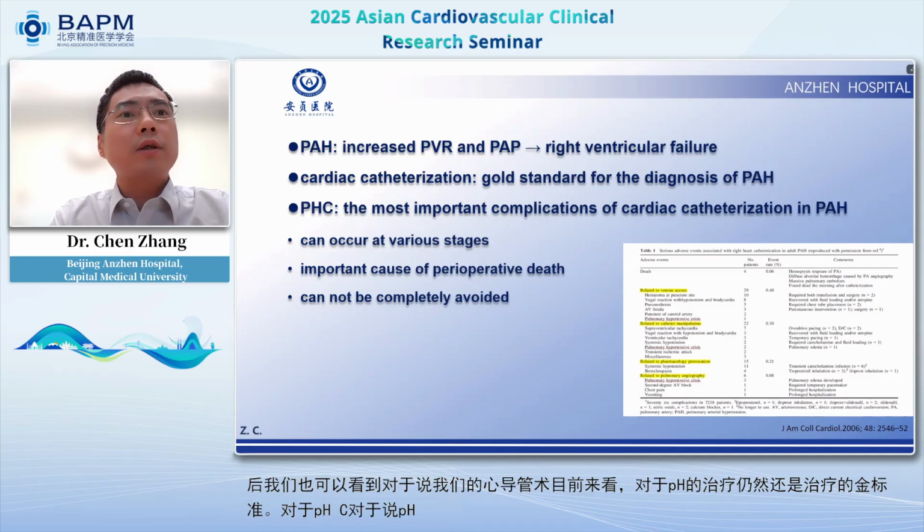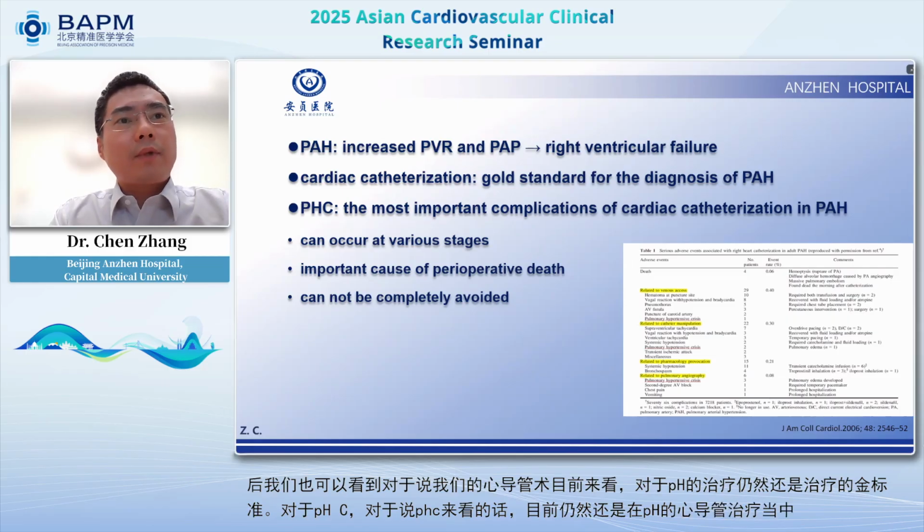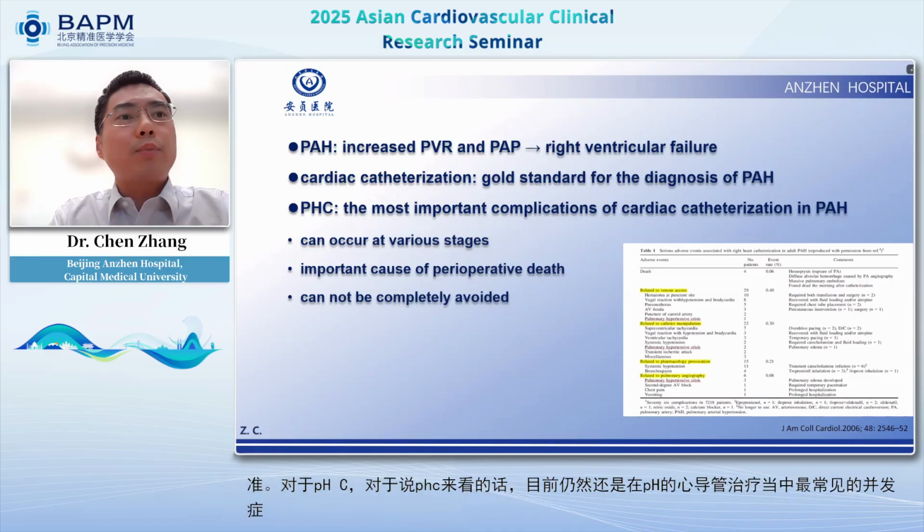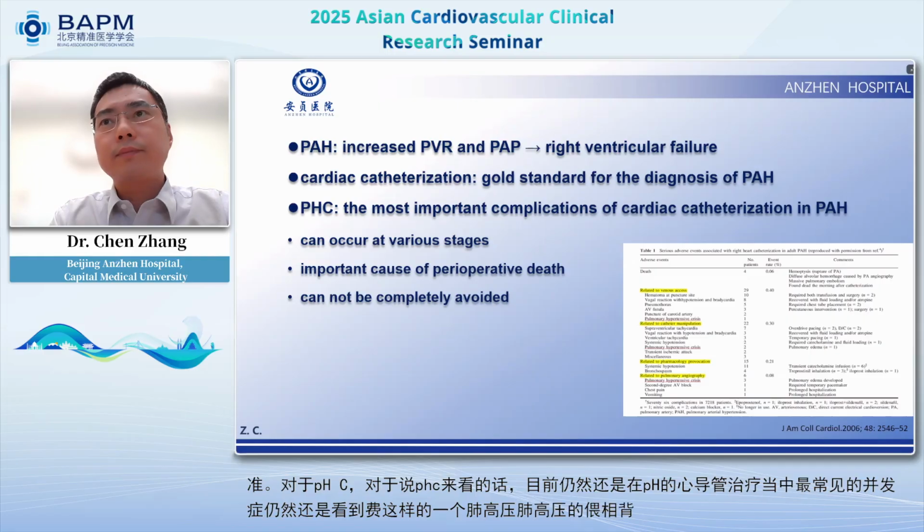One of the most important complications is pulmonary hypertensive crisis, PHC. It can occur at various stages of the procedure. It is an important cause of perioperative death, and it cannot be completely avoided.